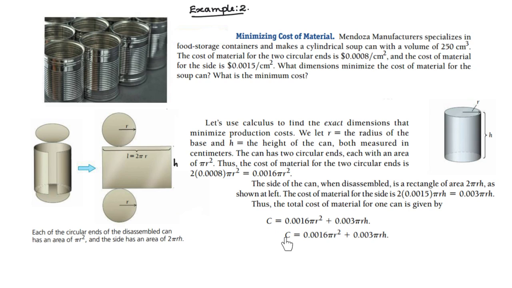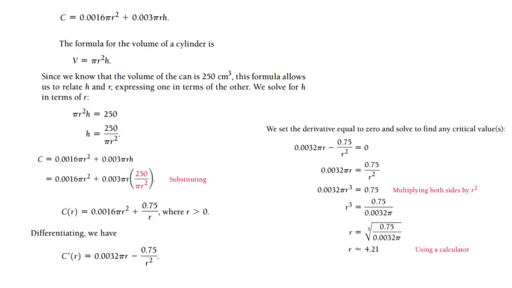So we will minimize this cost function using that constraint. The volume is 250. First we need to express this cost function in terms of one variable.